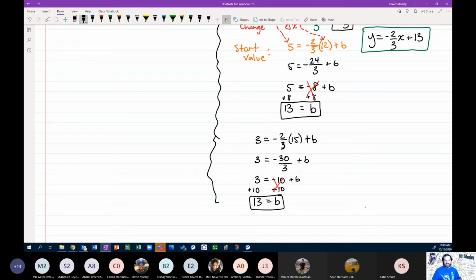Your equations have to stay balanced. You think of it as weights on a scale. If I add something to this hand, I need to add something to this hand so it doesn't tip over. That's what equations need. They need to stay balanced. We can't have more on one side than the other.